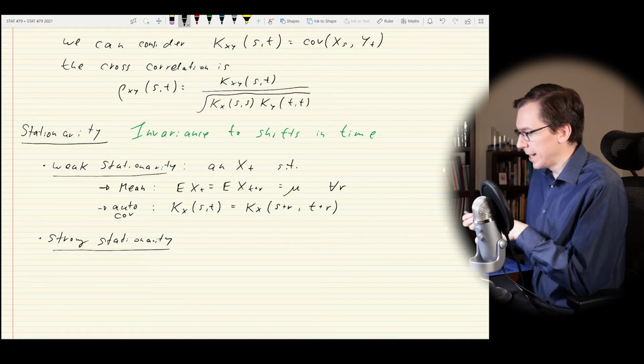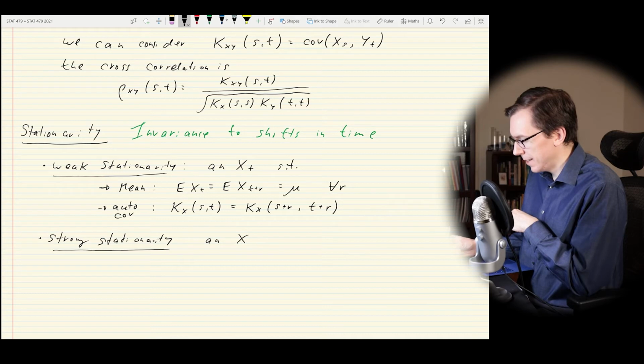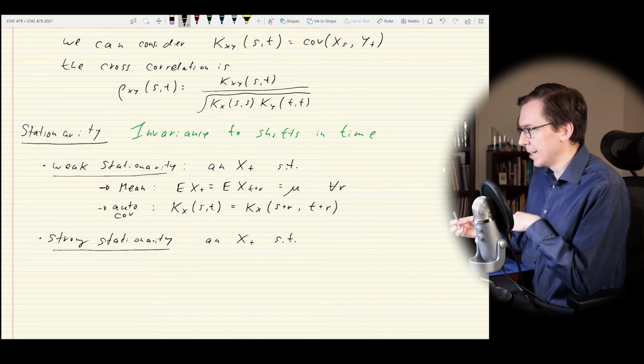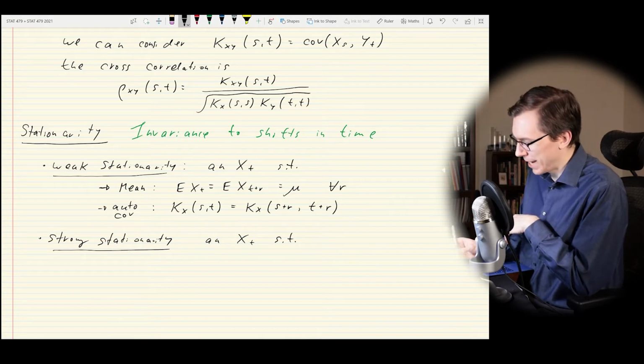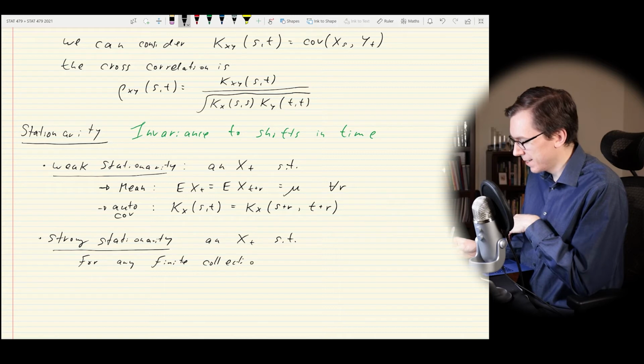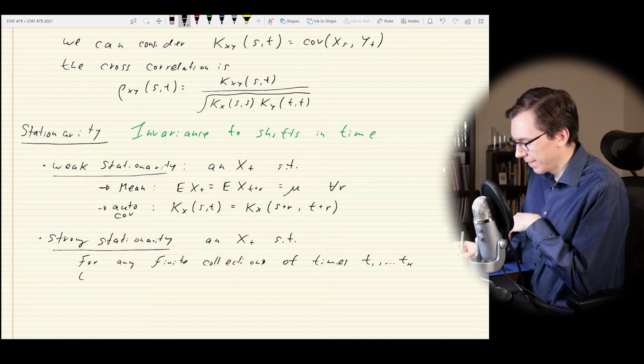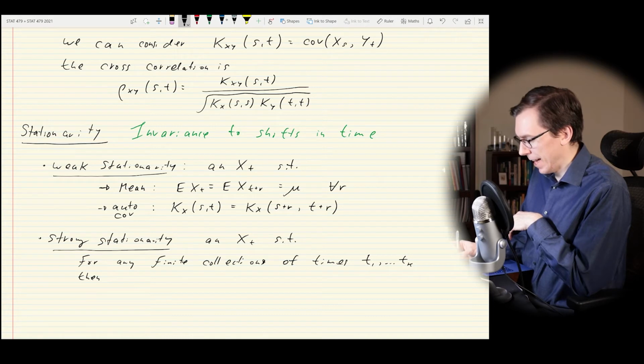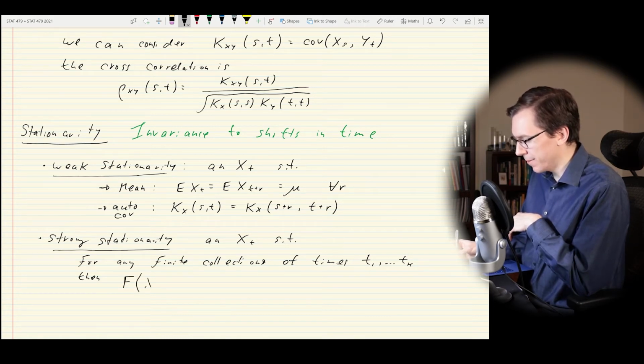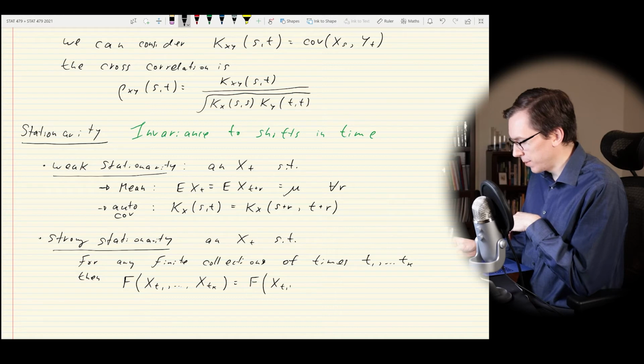Strong stationarity is basically the same thing: an xt process such that, for any finite collection of times t1 through tk, the joint distribution function F of x at t1 through x at tk is going to equal the distribution of x at t1 plus r through x at tk plus r.